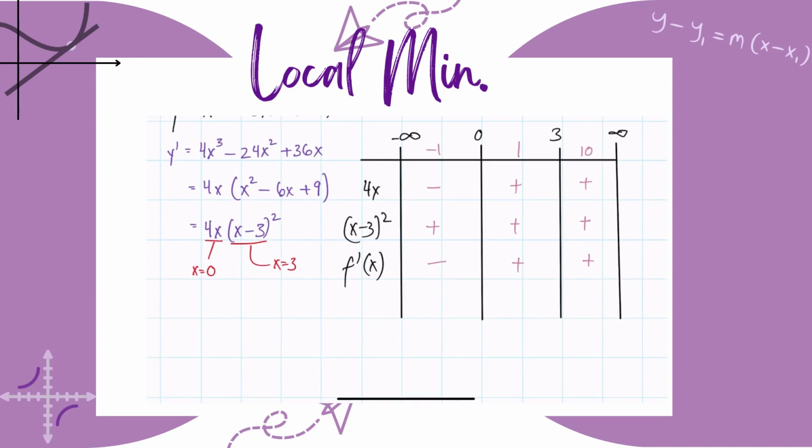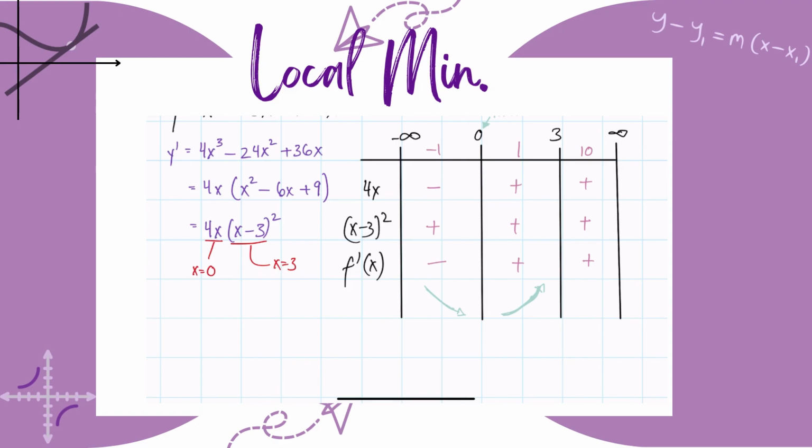So our slope is going this way. Then it is going this way. So if it goes from negative to positive, that means this point over here will be a local min.